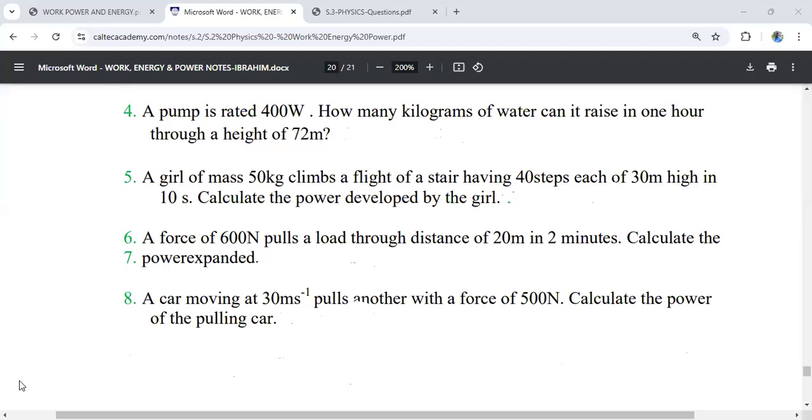Now, someone was asking me about number 2. Number 2 is part of energy, and that will be in our next lesson. So let us do these ones that we are done studying.